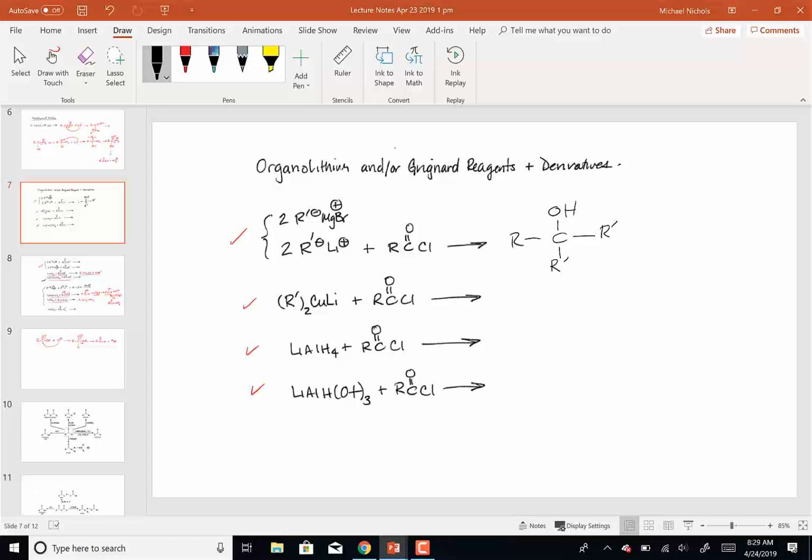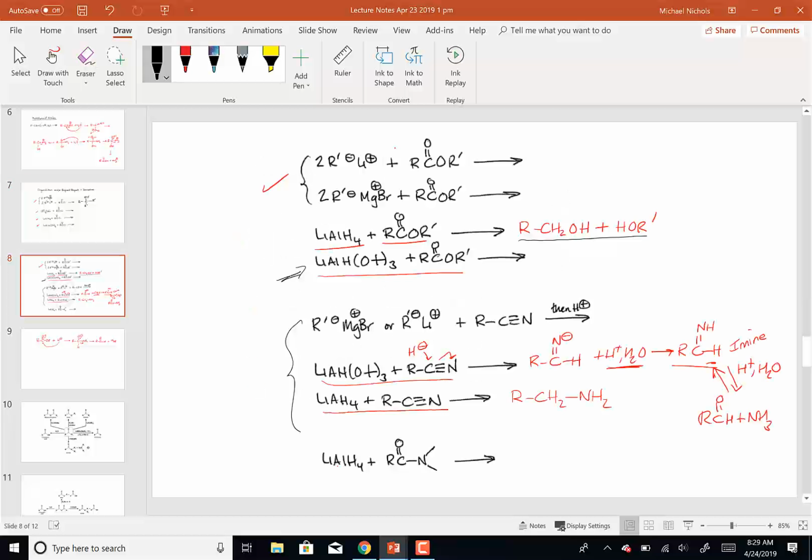Right. So when we did Grignards, that's what we had with a carboxylic acid chloride. Let me skip ahead, because when we reacted 2 equivalents of Grignard or organolithium compound with an ester, which is next to it, this one, what did I get?